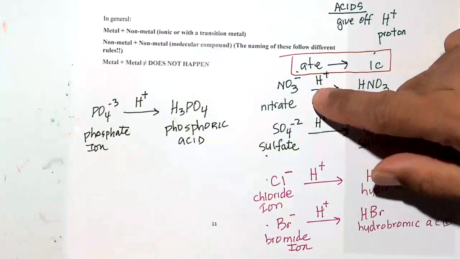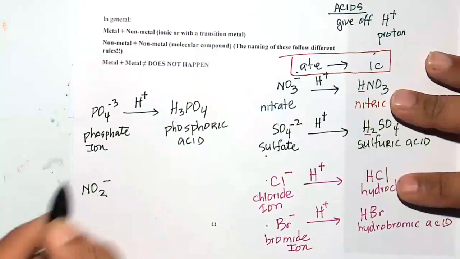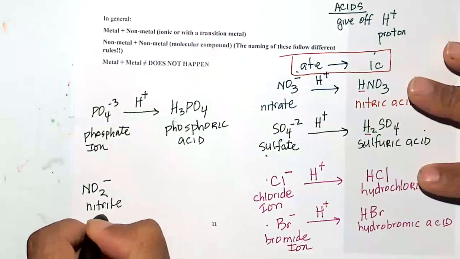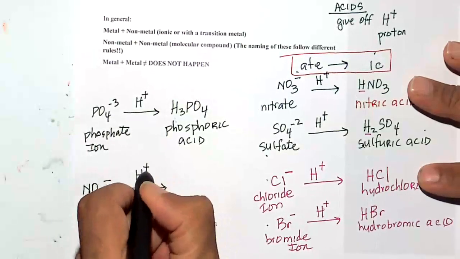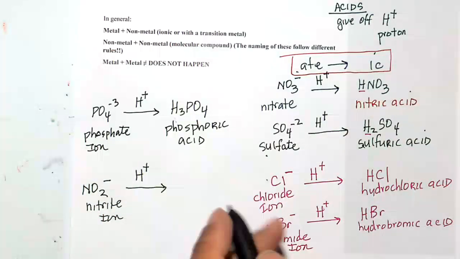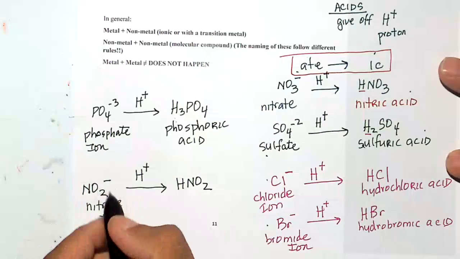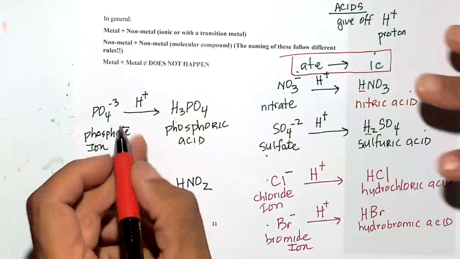All right, we have nitrate here. What was this one? Not nitrate, but nitrite. I'm going to acidify it. I'm going to add H plus, and it becomes HNO2. This is another rule I'd like you to know for acids. Ate becomes ic.